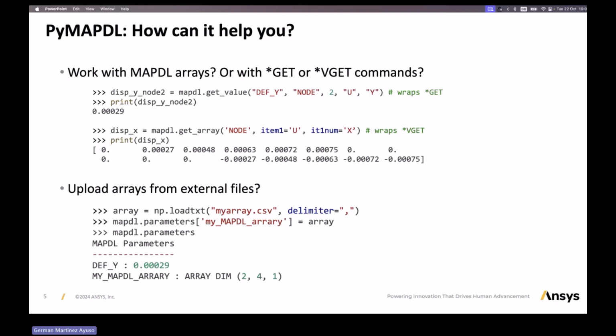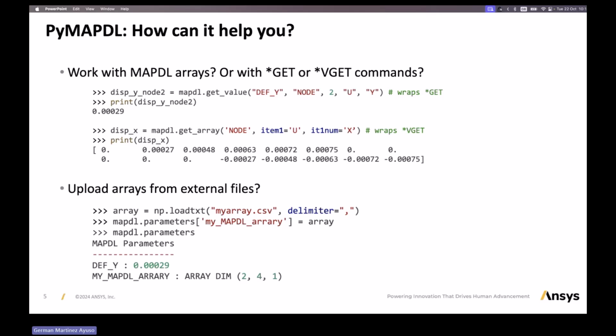It's very easy, as you see, and you will obtain the values in your Python memory, let's say in the Python workspace, as NumPy arrays, and you can use them right away, like any Python NumPy array. You can also upload arrays from external files, which is very convenient.